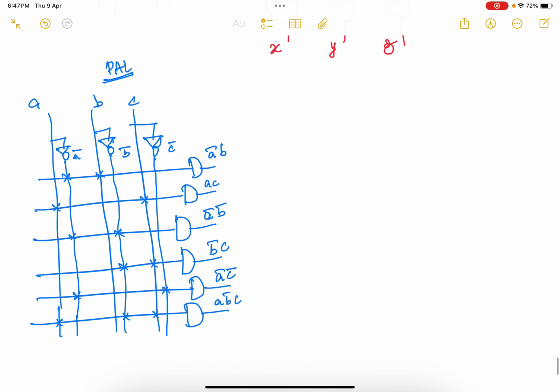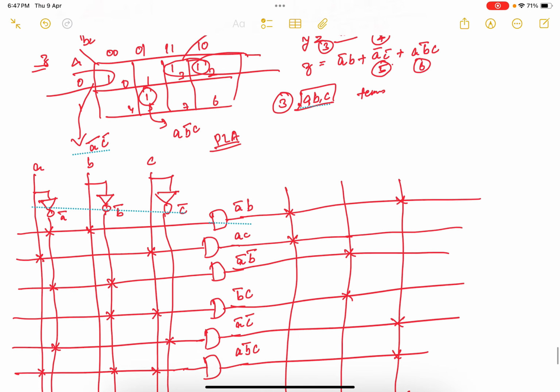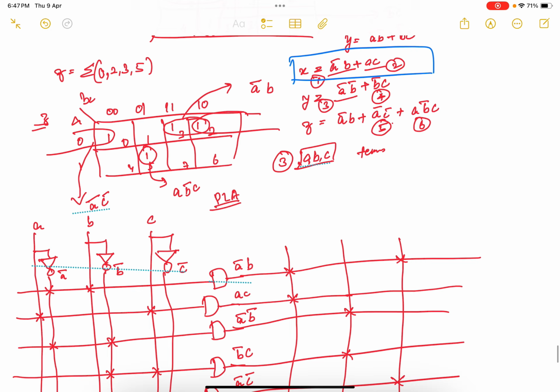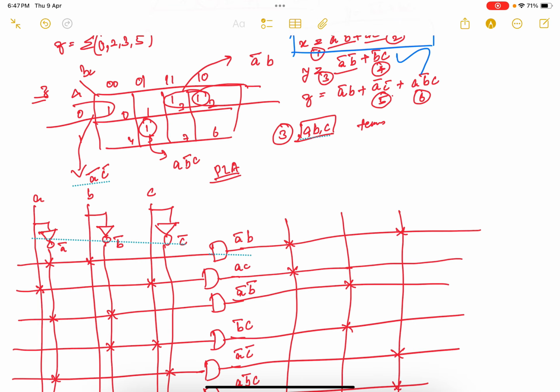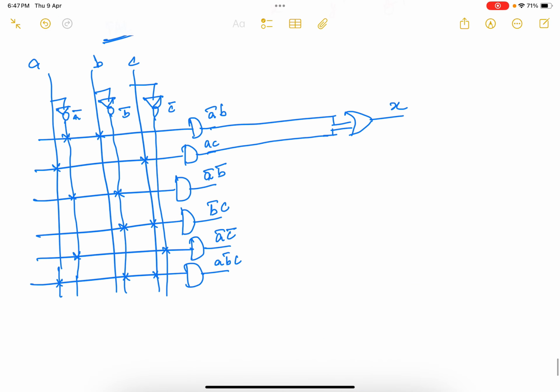So I am going to take these 2 inputs and connect them to one OR gate for your X. And the second expression, A bar B bar plus B bar C, is for your second output. I am taking these 2 things and connecting them to one more OR gate.